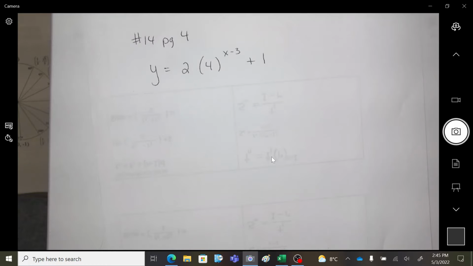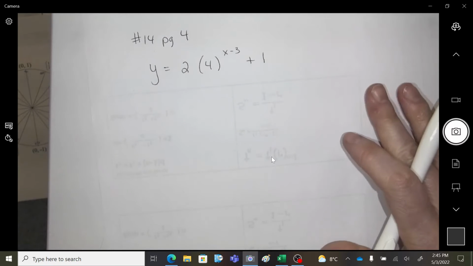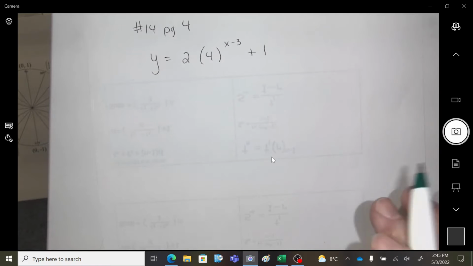Page 4, number 14, does it match yours? Okay, you ready? Okay. First of all, here's my suggestion. Identify the base. That's my first suggestion.